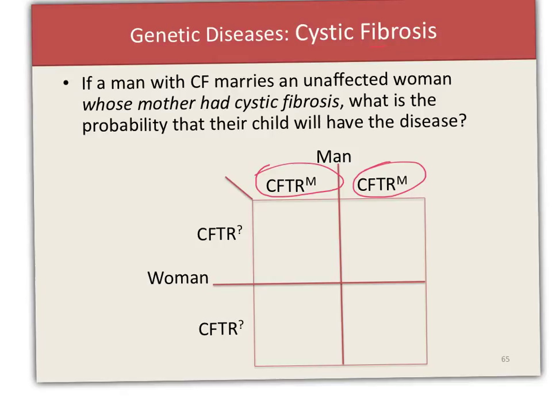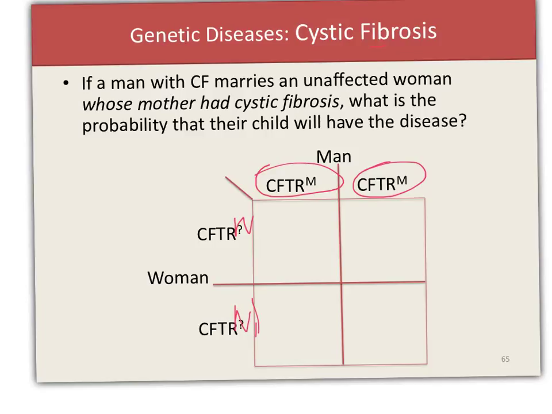He marries a woman whose mother had cystic fibrosis. So if her mother had cystic fibrosis, she's actually got a 1 in 2 chance of carrying the allele. So we'll say here the woman is N for normal and mutant for here.